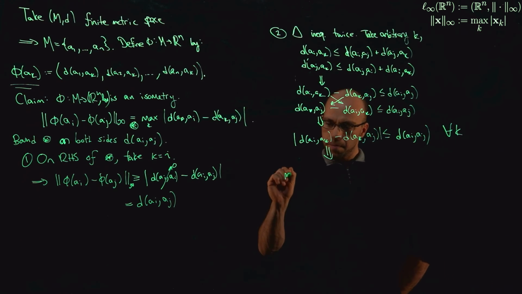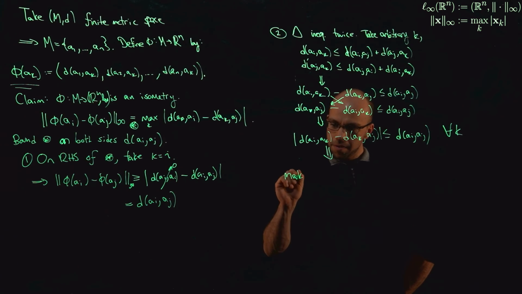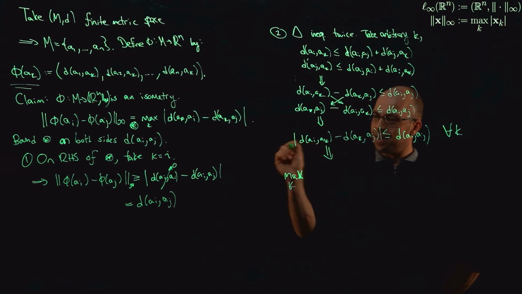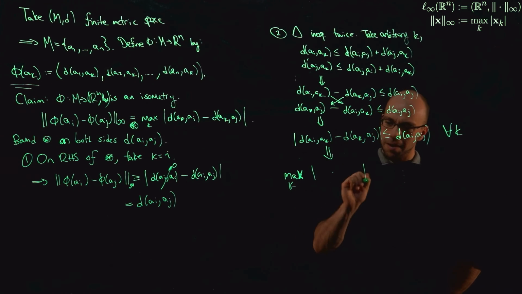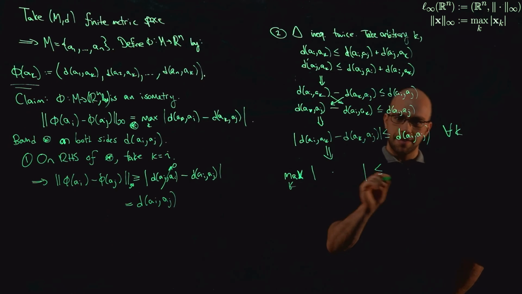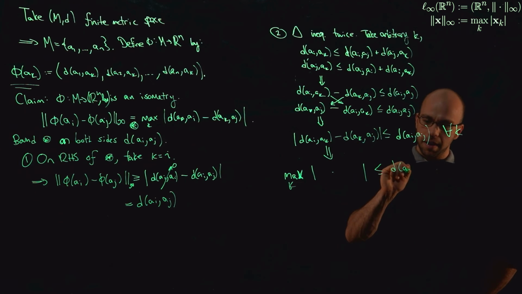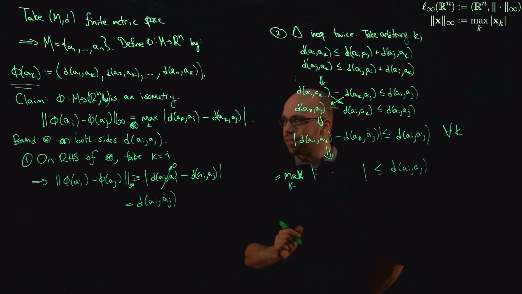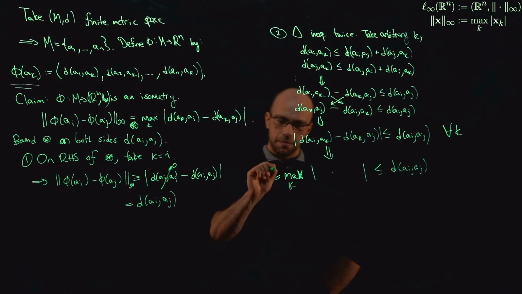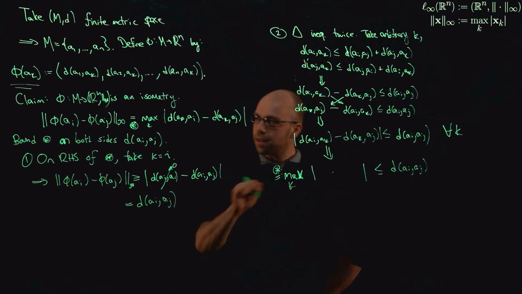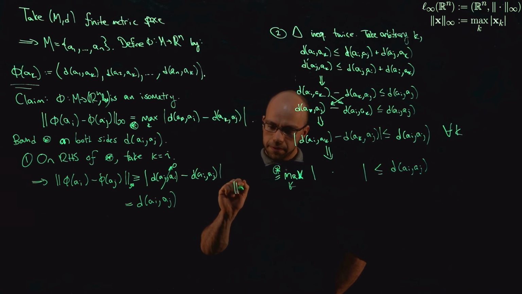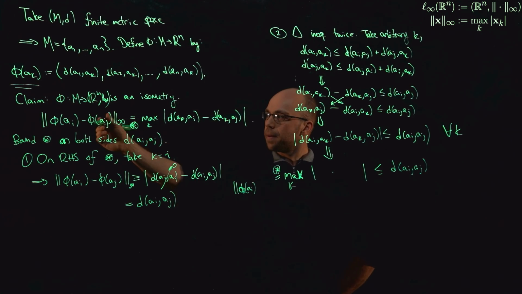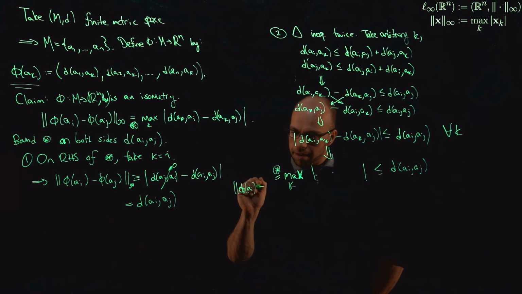So we have the max over k of this absolute value, maybe we'll just copy it like that, is less than or equal to d of ai aj. But of course, this left-hand side is exactly the L infinity norm that we're worried about, right? So that's exactly phi of ai minus phi of aj, L infinity norm.